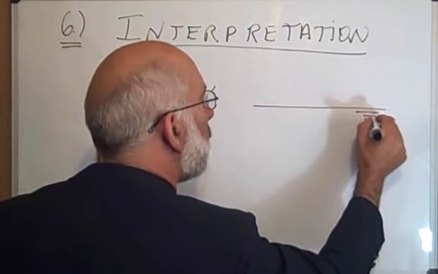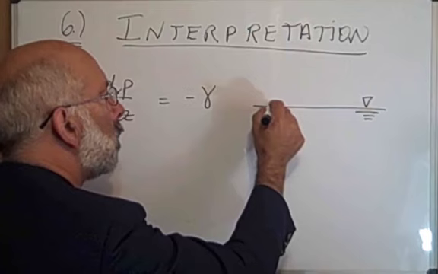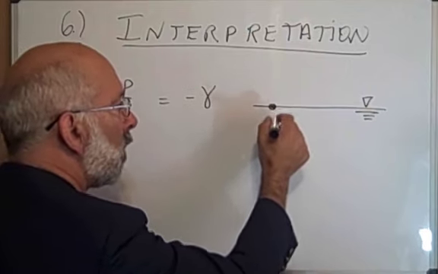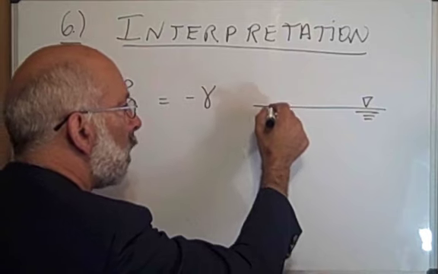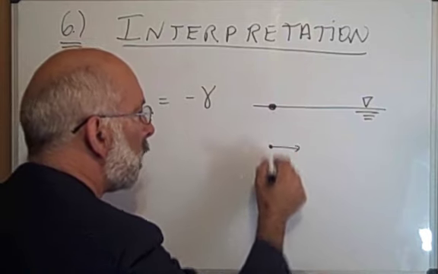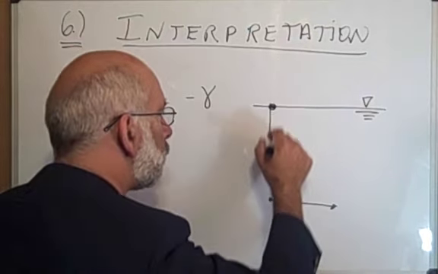So if we draw a picture of a water reservoir, it turns out the pressure right here will be 0, and if we go down in depth, we'll have a larger pressure. Let's indicate that with a vertical line. If we go down twice as deep, we'll have twice the pressure.